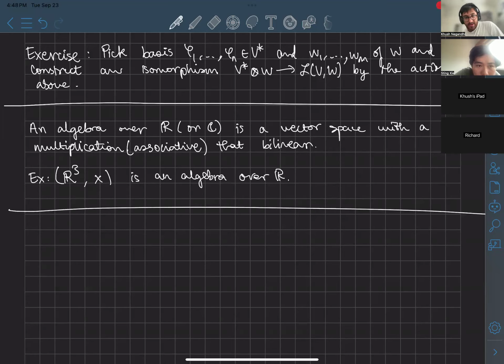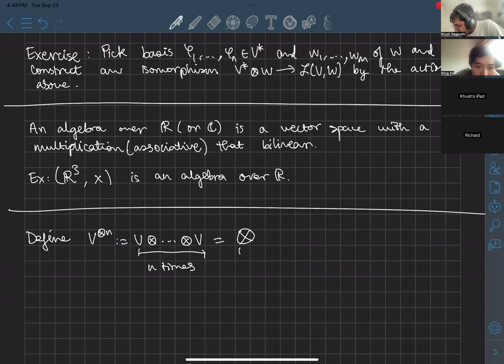Okay. So what we can do now is define the following tensor product. Define V tensor n to be the space V tensor producted with itself n times. Now you might ask, don't we need brackets to make sure you're grouping the right things and taking the tensor product in the right order?